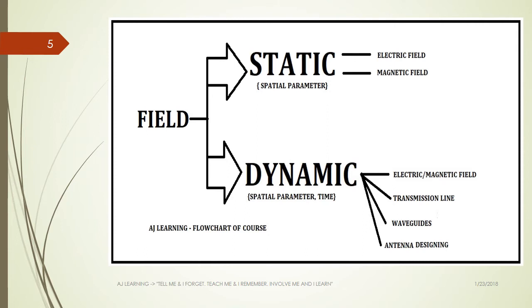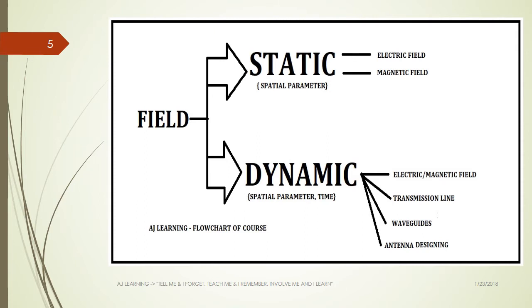Now moving towards the next part, which is known as dynamic. Dynamic fields are those fields which vary with respect to time. It means it is a form of a wave, and this field generates a wave which is known as electromagnetic wave. Electromagnetic wave depends upon time as well as spatial parameters, and the field produced by dynamic is known as electromagnetic field because it is responsible for the generation of electromagnetic wave.